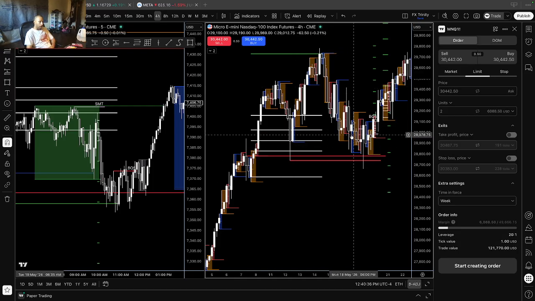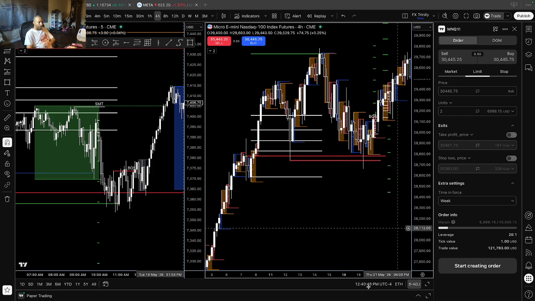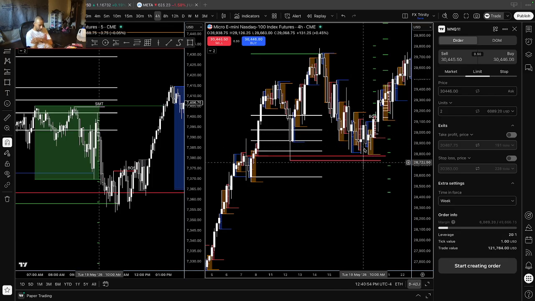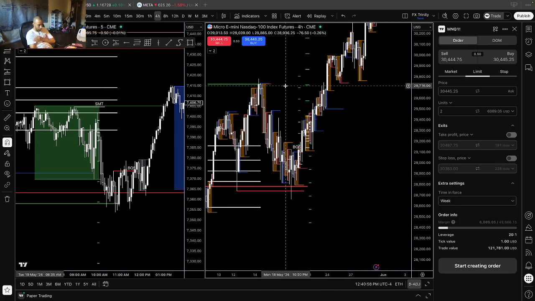OTE just means we've retraced 62 to 79% of the range, from low to top. If we've retraced 62%, that means that we're in a low price. That means we could buy anywhere up in here and just take it right back up to the top. That's how these moves are supposed to be entered.